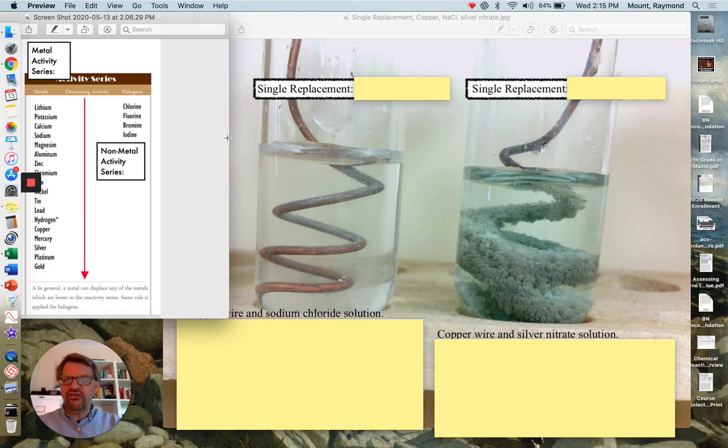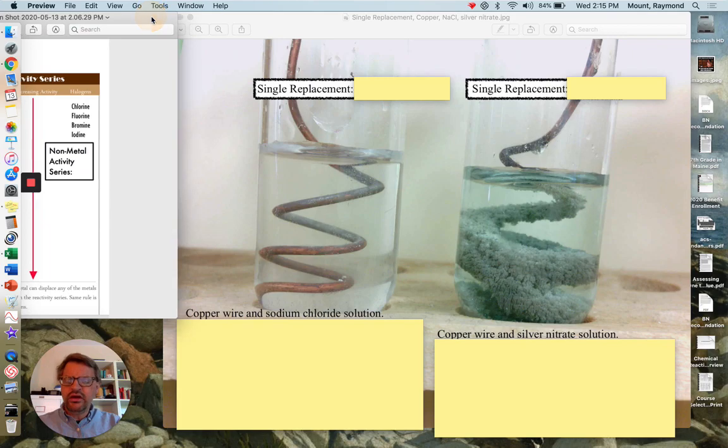In this first example, we have copper wire in a salt water solution, sodium chloride. Now, referring to the previous video, what kind of replacement would this be? Cation or anion? So this would be a cation replacement.